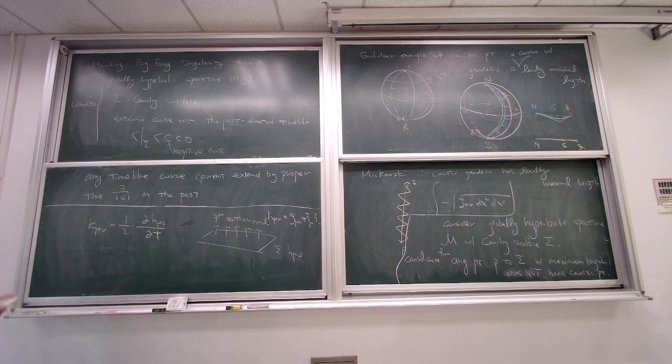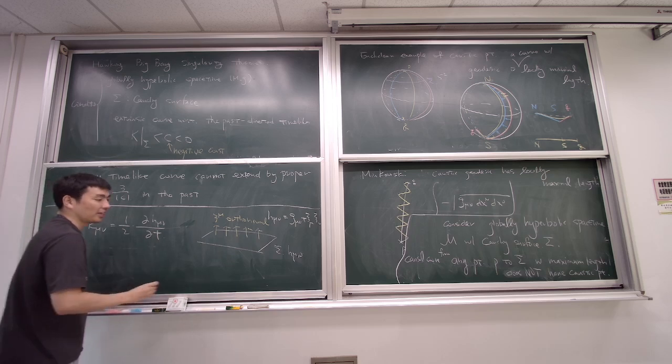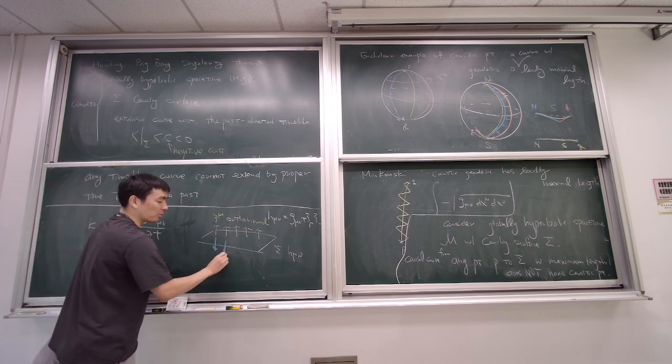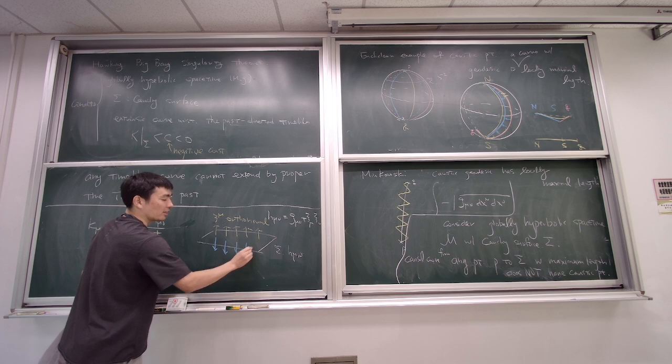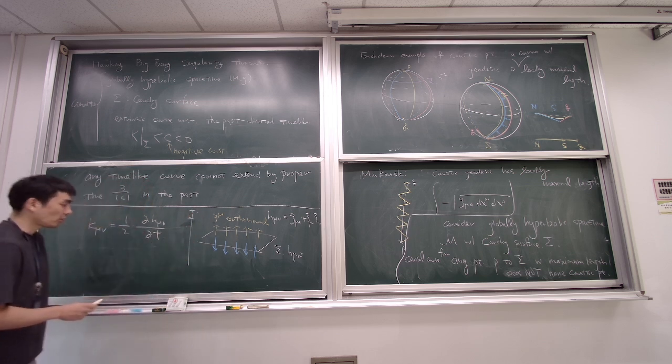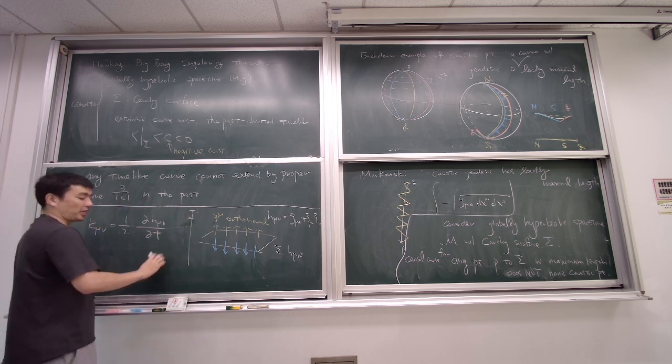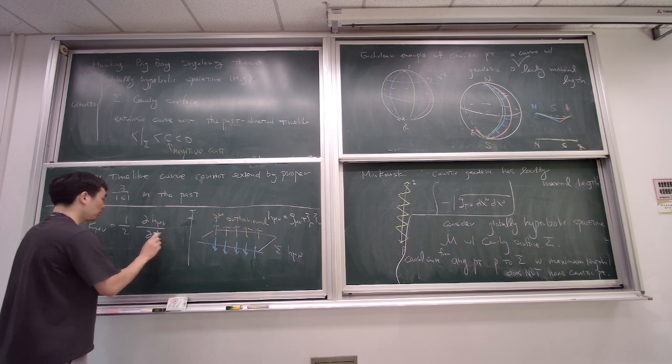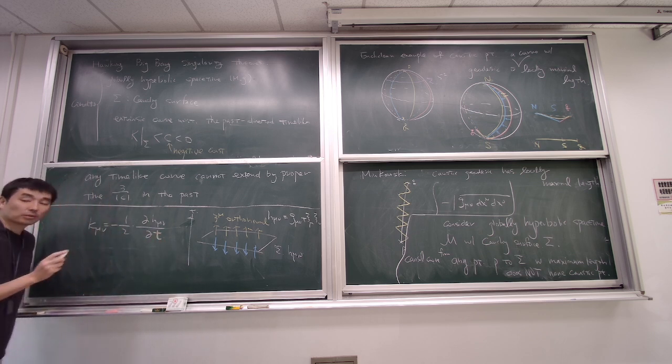However, the extrinsic curvature with respect to the past directed timelike curve means that you have to take xi in the opposite way. So if you consider this as the time direction, you simply put the minus sign here.